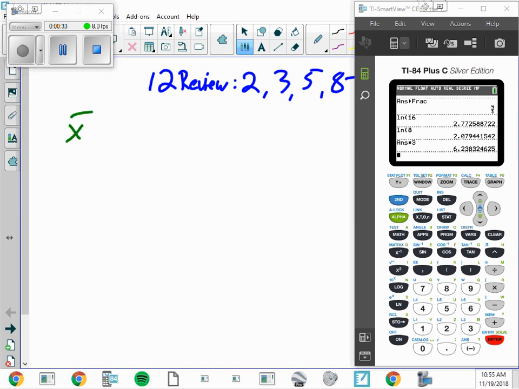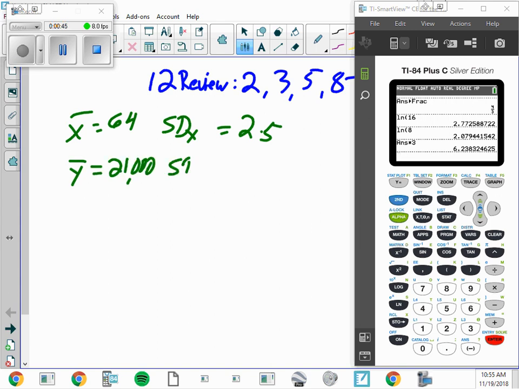So we have an x bar of 64 with an SDX of 2.5, and our y bar is 21,000 with an SDY of 20,000, and R is about 0.2, which is a terrible regression, but whatever.